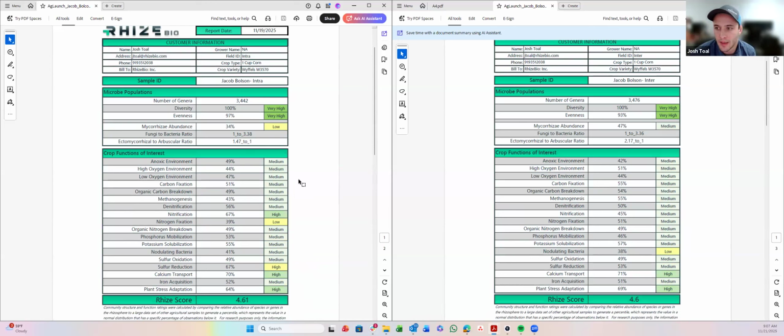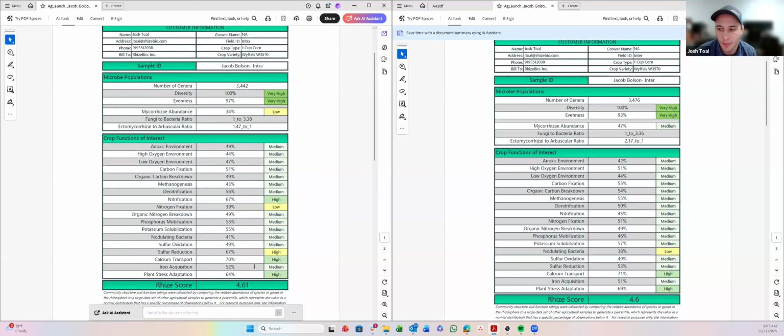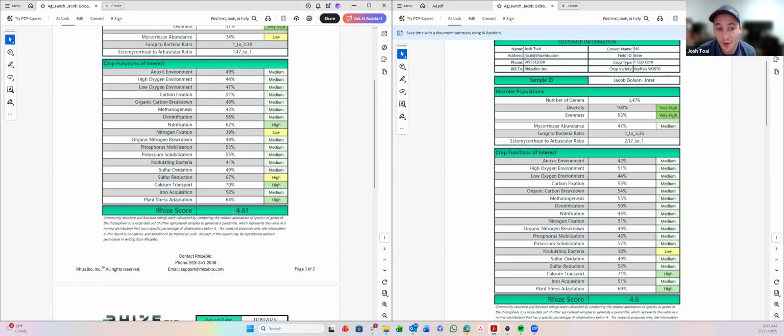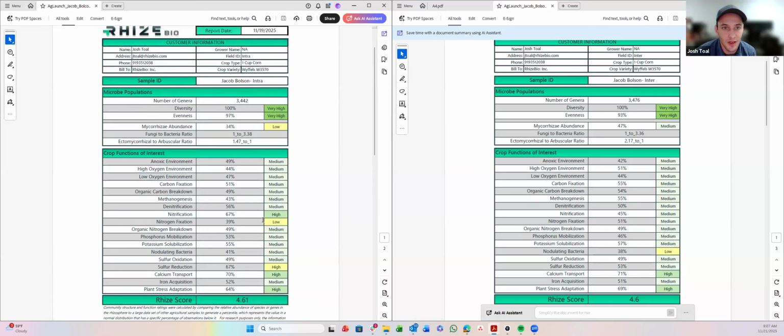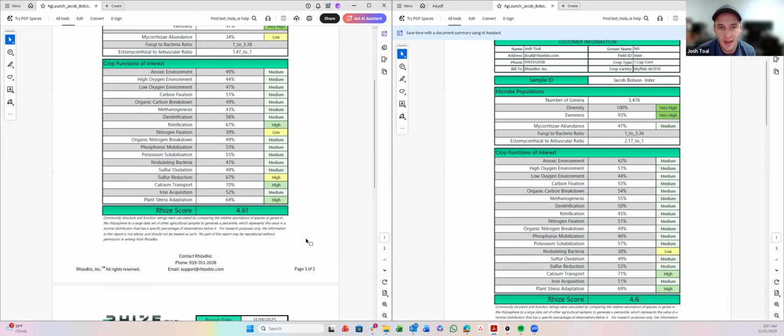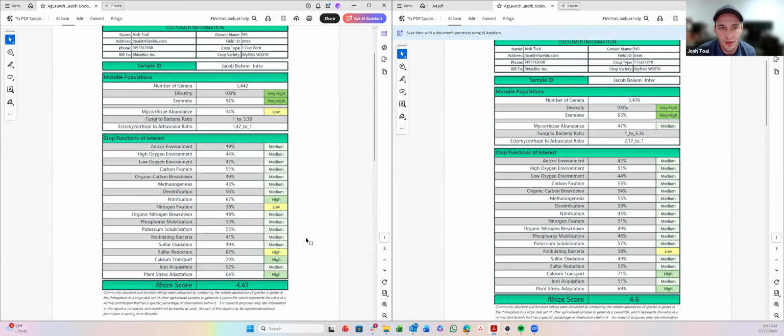They both scored a 4.6, and that makes sense, the samples pulled really close to one another.